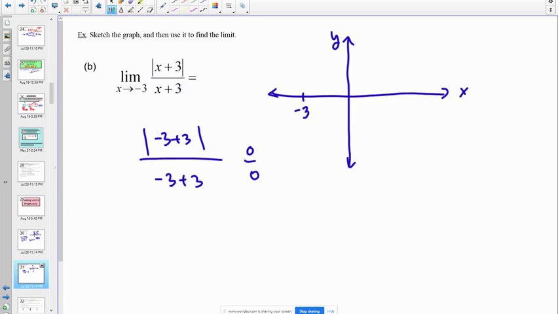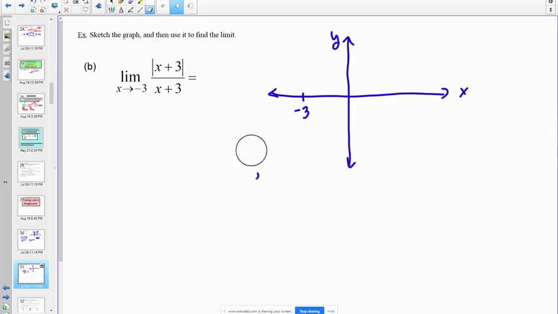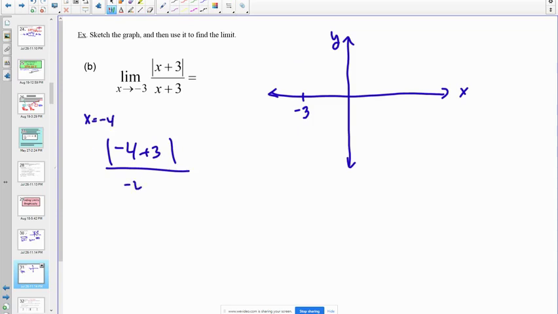Okay, so let me see if I can graph this. It's not really a piecewise function. At negative 3, I don't have anything, but let's say at negative 4. If I plugged in negative 4, this is x equals negative 4. What I'll get is the absolute value of negative 1 over negative 1. Well, this is going to be positive, so this is -1. So if I plug in -4, what I get is -1 right here.